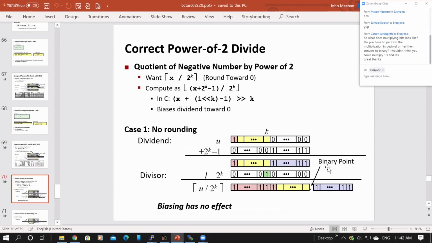And then I do my shift and throw the things off in the bit bucket, right? So adding this bias in gives me the effect of the ceiling function, or rounding towards zero, when I started out with a negative value to begin with. Does everybody see the trick there? Questions about this? All perfectly clear?